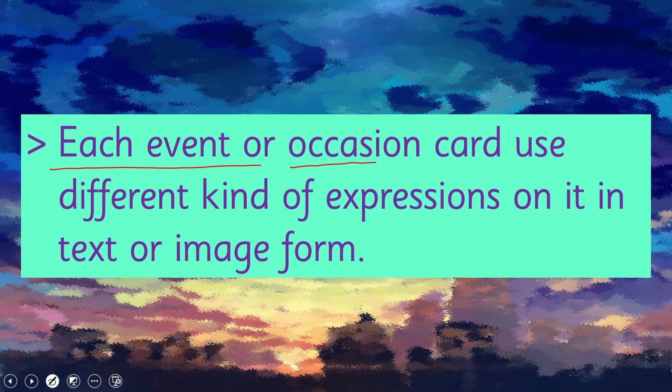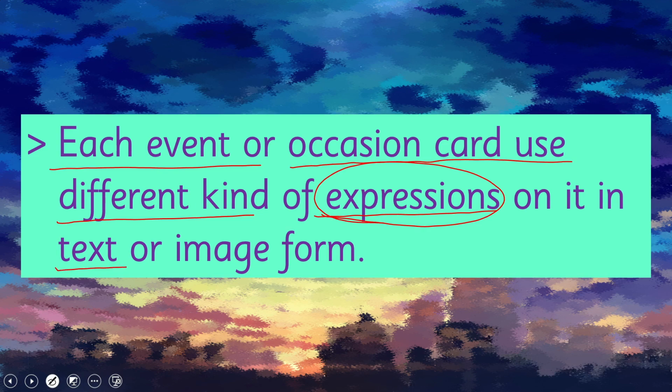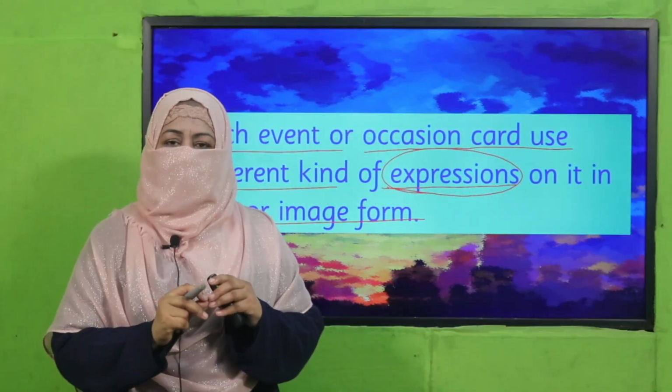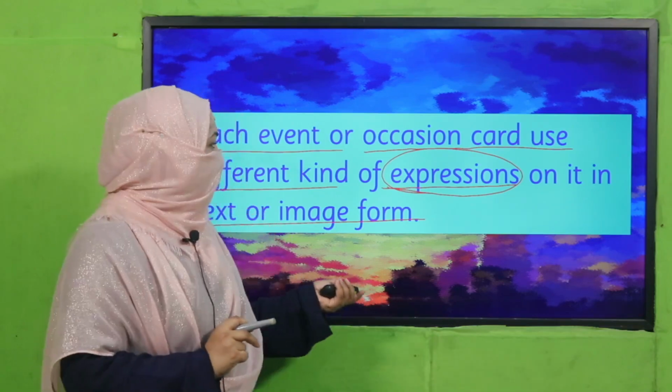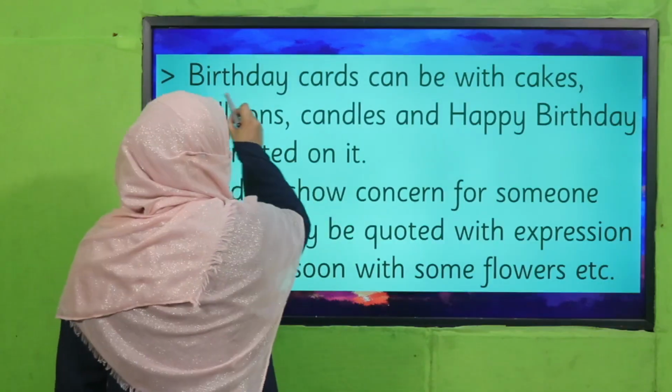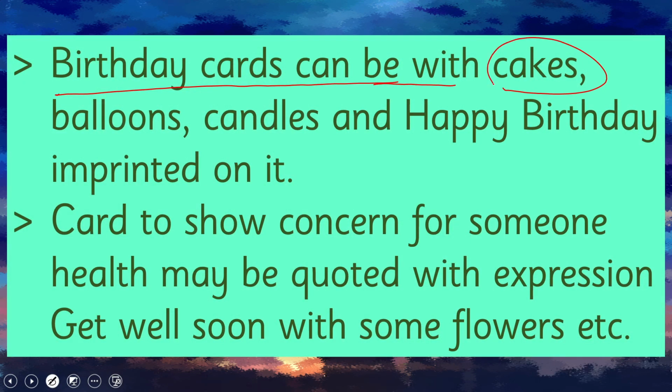Each event or occasion card uses a different kind of expression. This thing is important, beta. Whether in text or image form, what images we make or whatever we write should be accordingly. For example, a birthday card can be with cakes, balloons, candles, and what should we write on it?